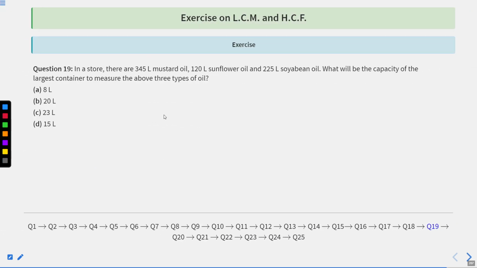Question number 19. In a store, there are 345 liters of mustard oil, 120 liters of sunflower oil, and 225 liters of soybean oil. So what will be the capacity of the largest container to measure all 3 types of oil?